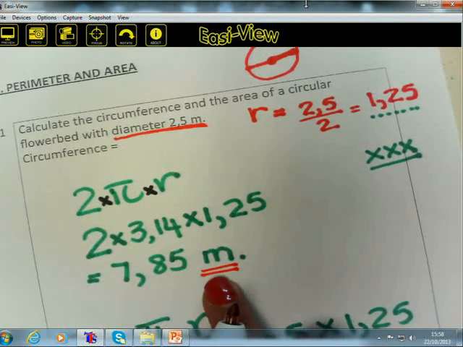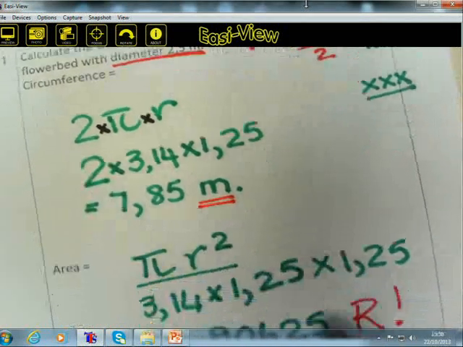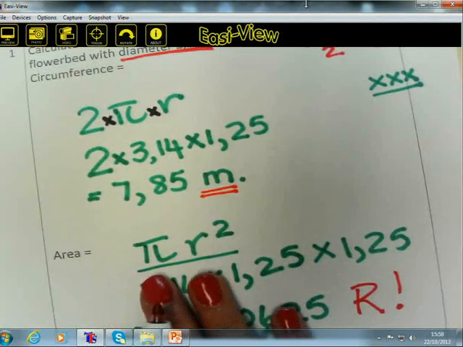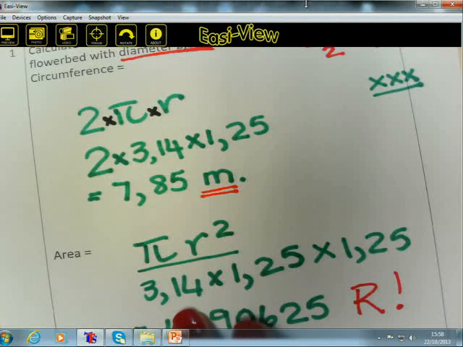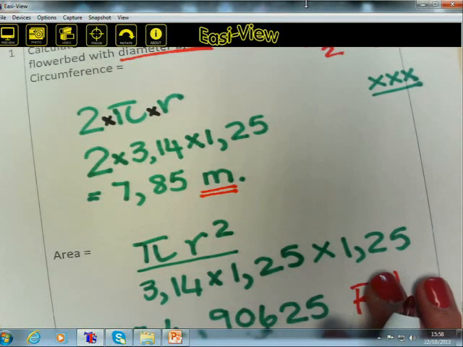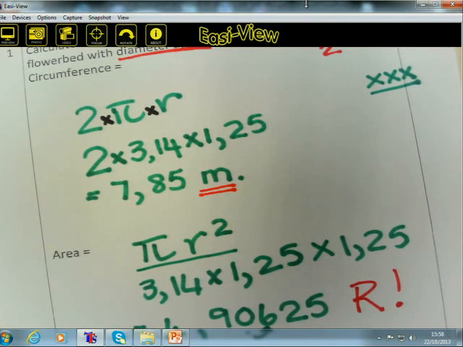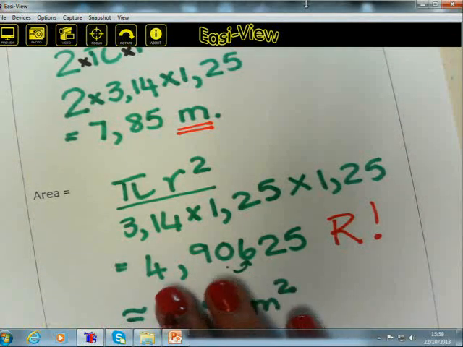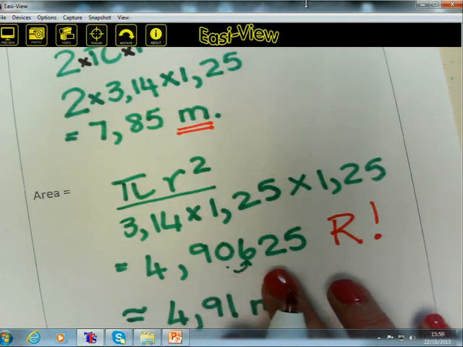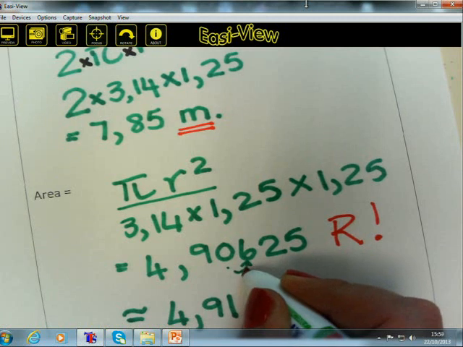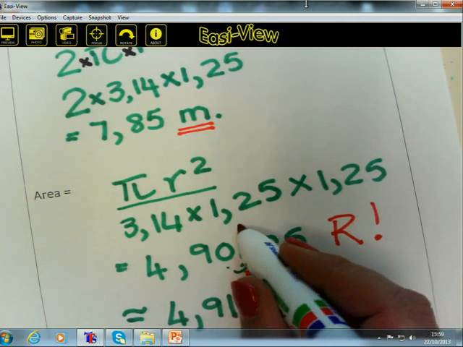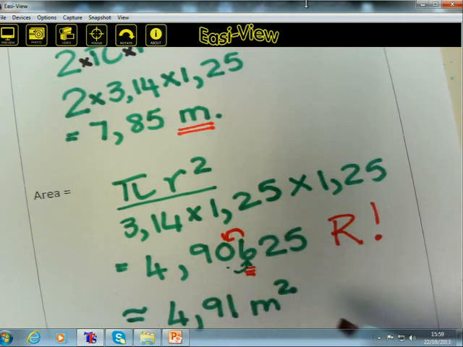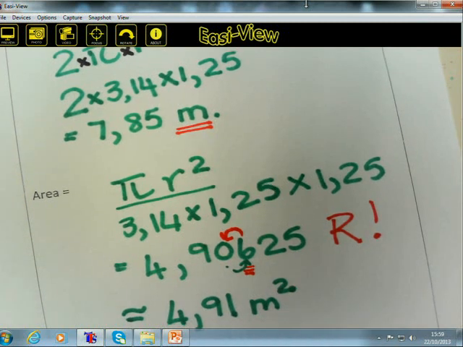Circumference, we use meters. Then for the area, we get the formula, pi radius square. So you go 3,14 times the radius, and when you get an answer with a lot of places after the comma, 4,90625, you just look at the 6. And the 6 will lift this one step higher, so it will be 4,91 meters square.